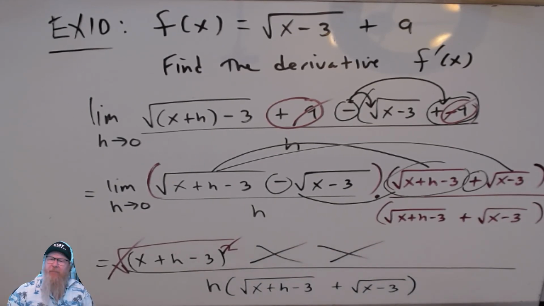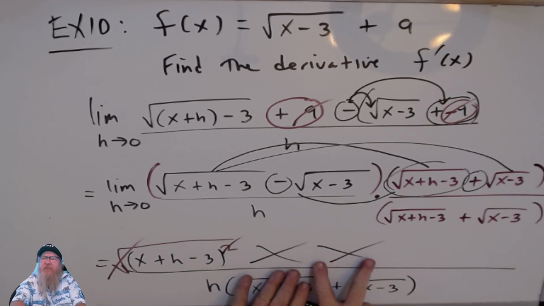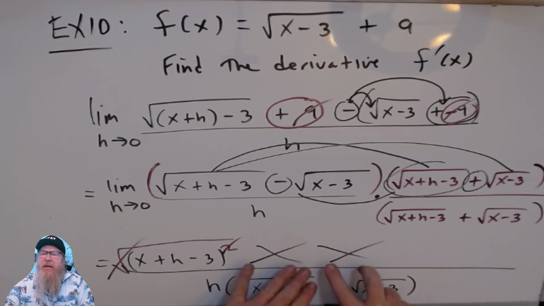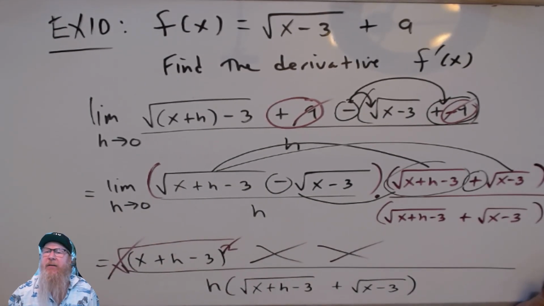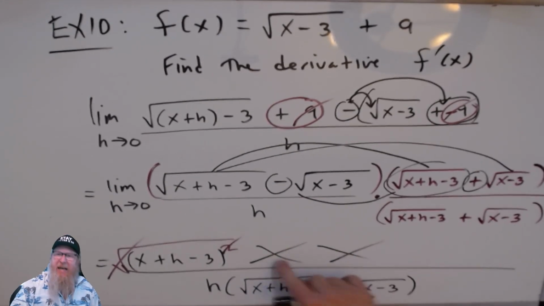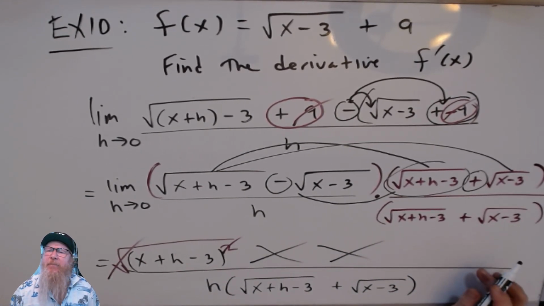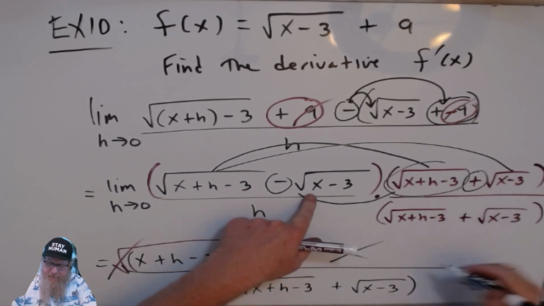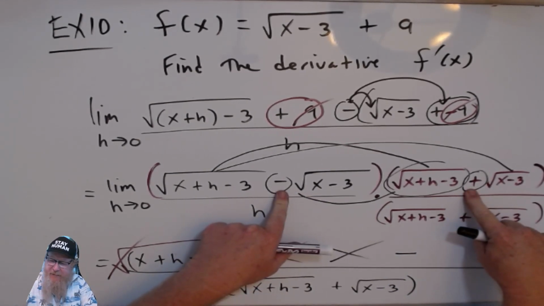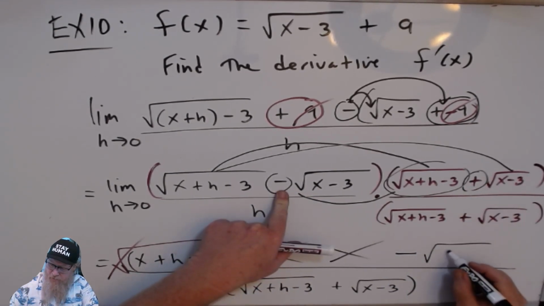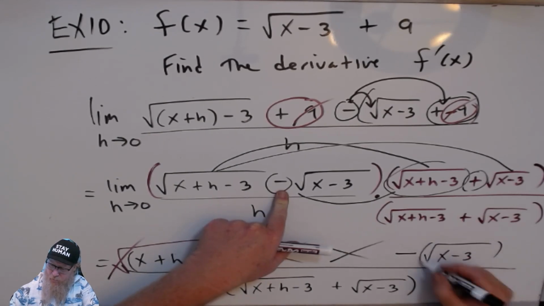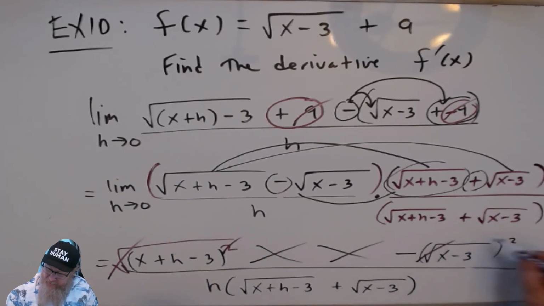I'm not even going to write them. I could write all that stuff right here, it would take 5 minutes, and then I would just cross them off anyway. So I'm just going to put 2 big X's right here. Not the variable X, the canceling X. And then finally, I've got a negative times a positive, square root of x minus 3 squared, and those are also going to cancel.